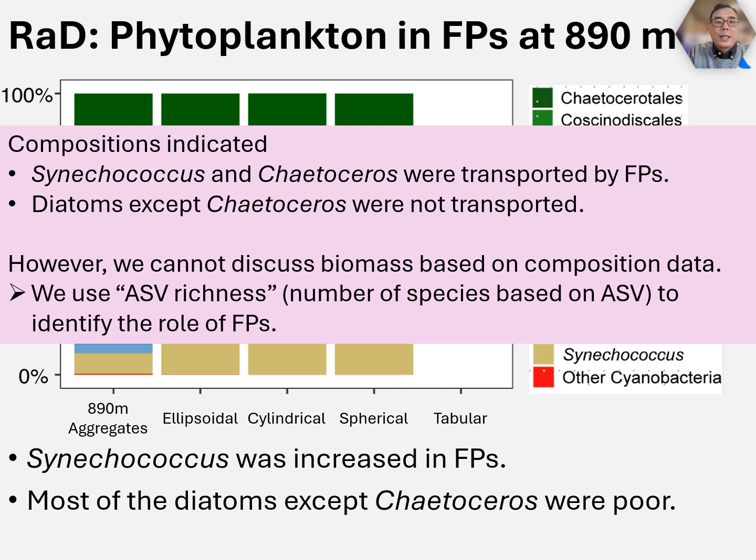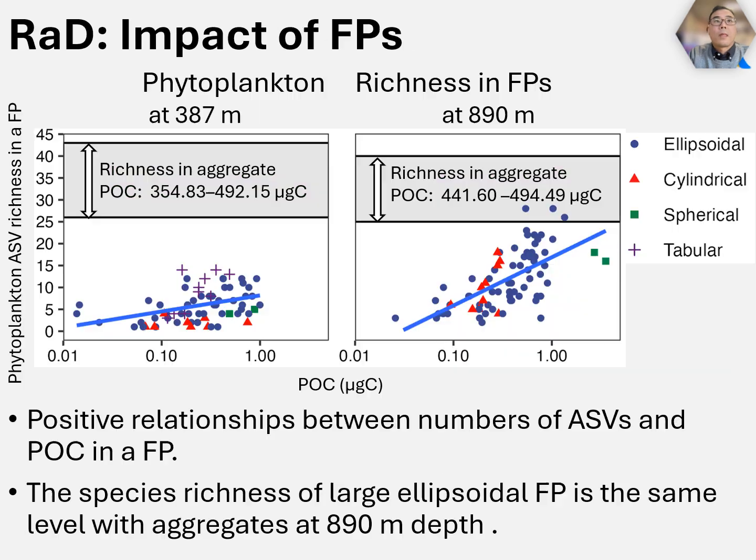However, we must note that composition data is not biomass, and the fecal pellet contribution is very low in the POC flux. So we used ASV richness, the number of species based on ASVs. First, we compared the plankton richness and POC content in a single fecal pellet. Only the spherical pellet is not a single one.